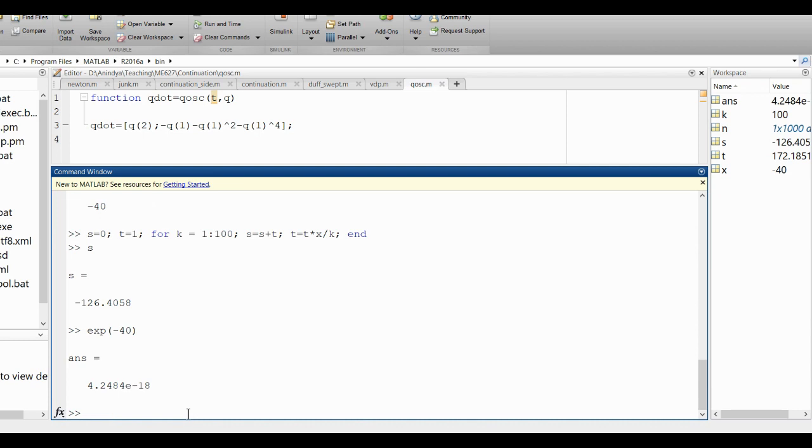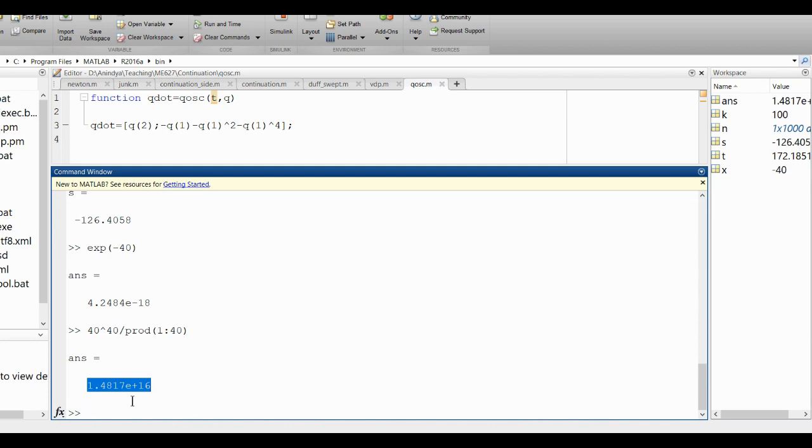So how come we got this large number? That is because in this series for minus 40 there is a term which is 40 to the power 40 divided by factorial 40, the product from 1 to 40. Look at that term. That term is 10 to the power 16, right?